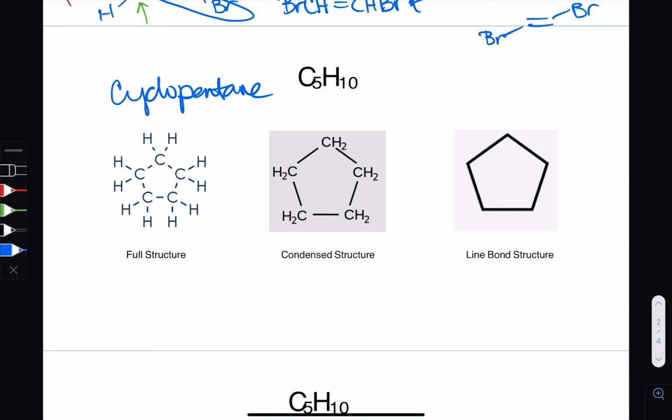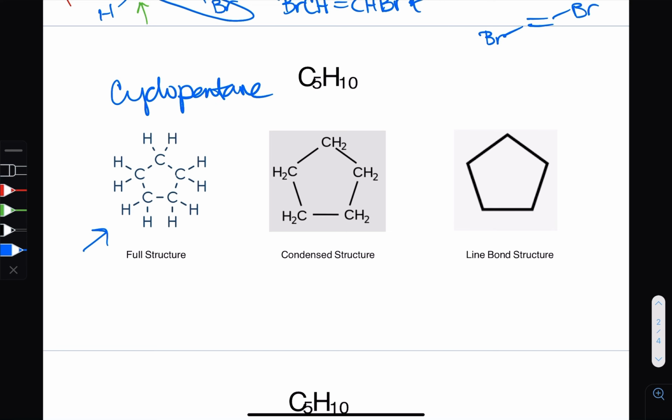Now for the cyclic structures, like with the other full structural formulas, you want to draw every atom and every bond, and you can see that right here. And for the condensed structure, what we're doing is we're just condensing things down a little bit. We're saving ourselves a little bit of time.